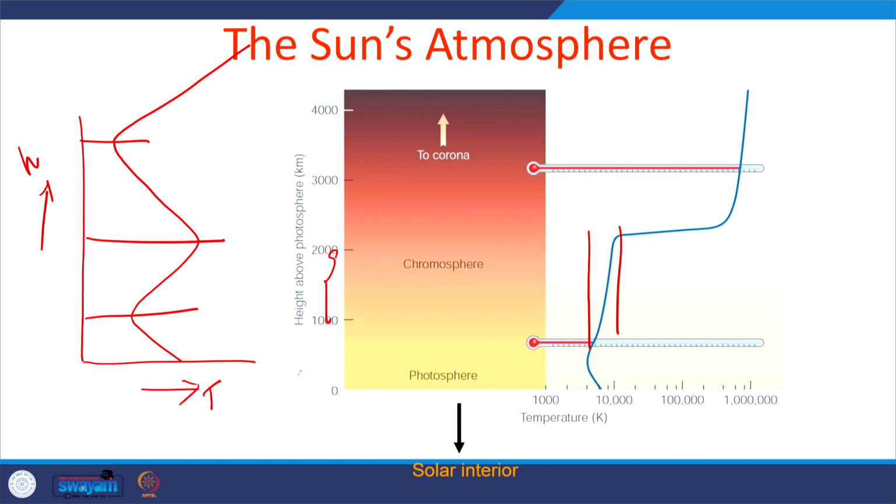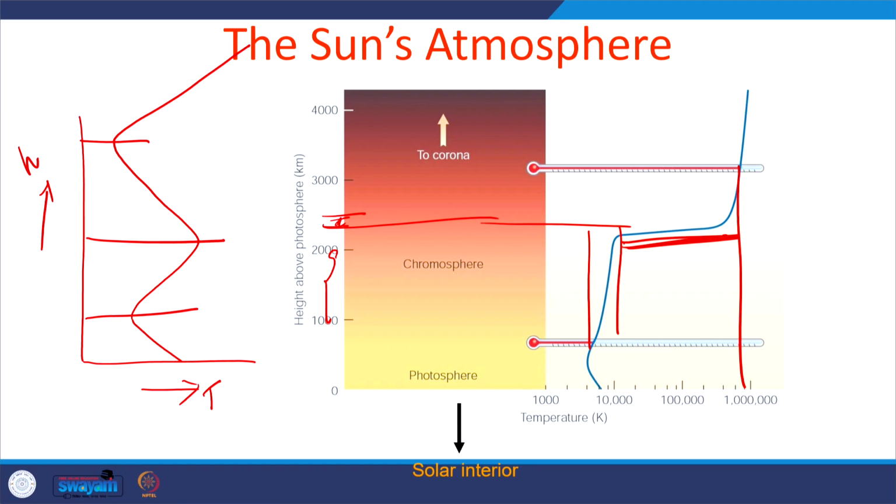So, you see that the increment in the height is almost of the order of thousands of kilometers, but the change in temperatures is of the order of few thousands of Kelvin. Okay. And then subsequently, after chromosphere, within a shorter range of change in altitude, the temperature changes by several orders of magnitude, reaching what we call 1 million Kelvin by the time it reaches the corona.